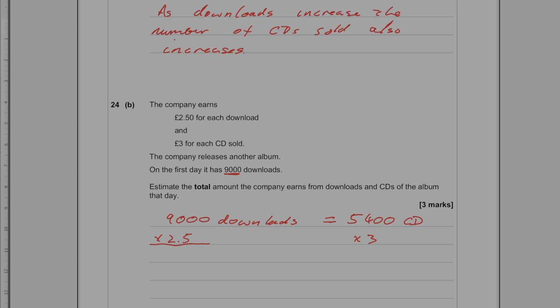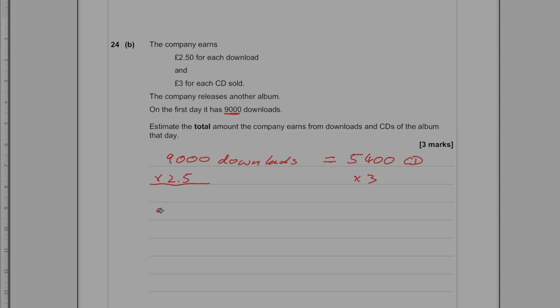So if I say 9 times by 2.5, or 25, would be equal to, well, times by 4 would be 100, 225.